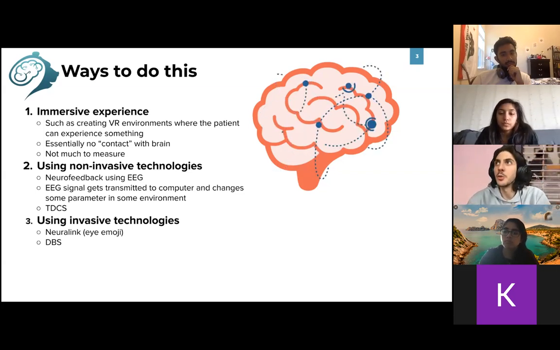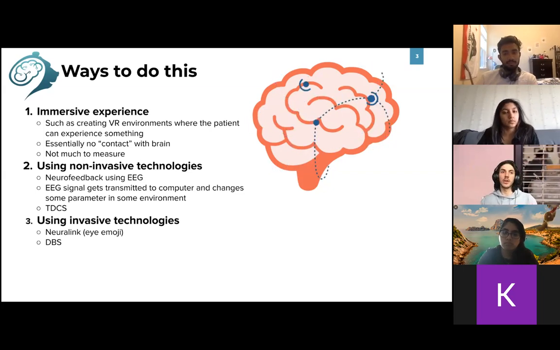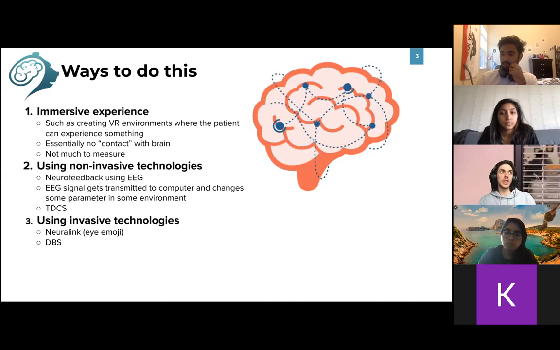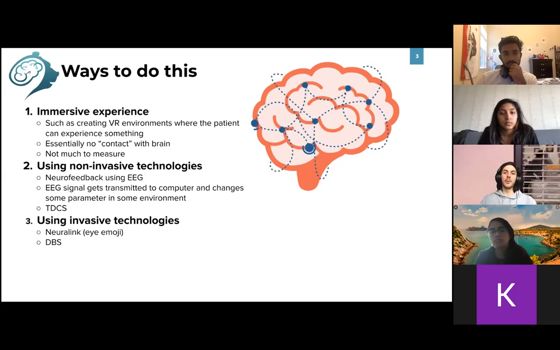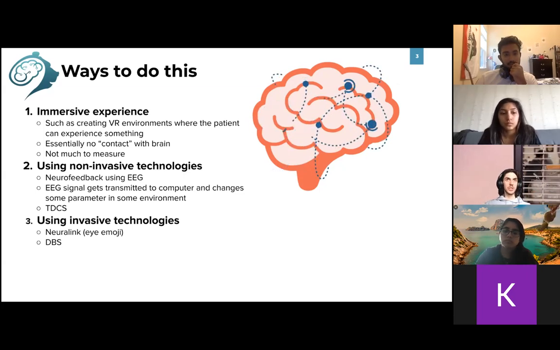So what does neurofeedback mean? It means that you're monitoring the reaction coming from your neural signals, and you adapt your behavior or some other parameter in such a way that you bring about synaptic changes, etc. Another way to do this is through tDCS, which is transcranial direct current stimulation.